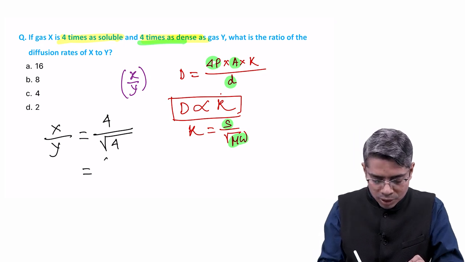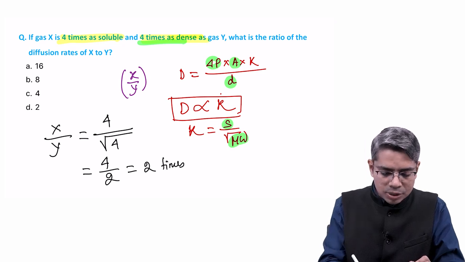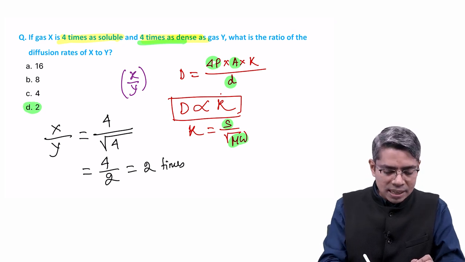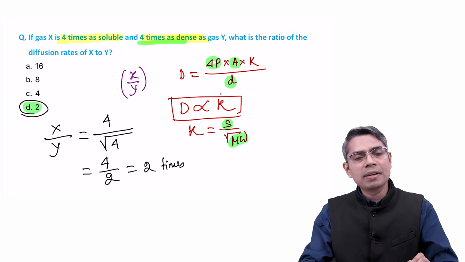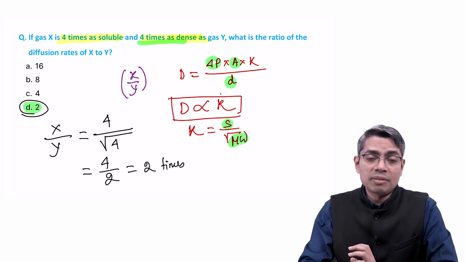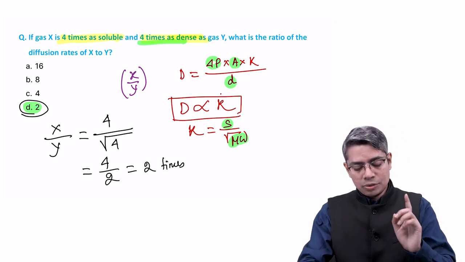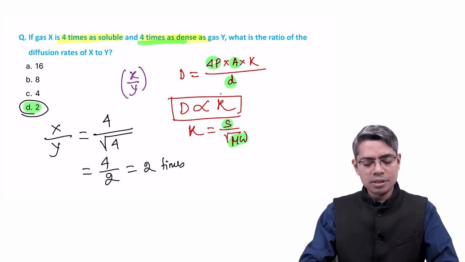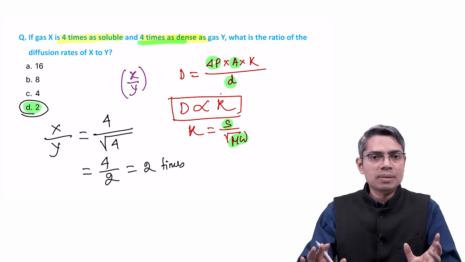So 4 upon root 4, so 4 upon 2. So this is 2 times. So the answer of this question is that the diffusion rate of X will be twice that of Y, because gas X is 4 times more soluble but 4 times denser. Got it? So this is the question that you have to remember. It has been asked in one of the GMAR questions. So this is based on the simple diffusion formula.